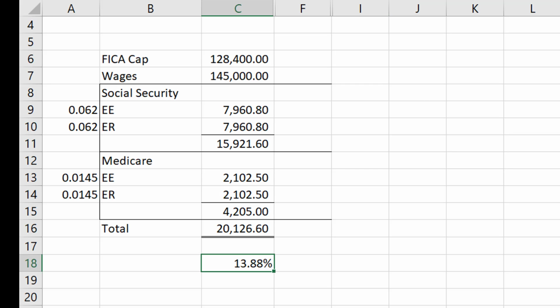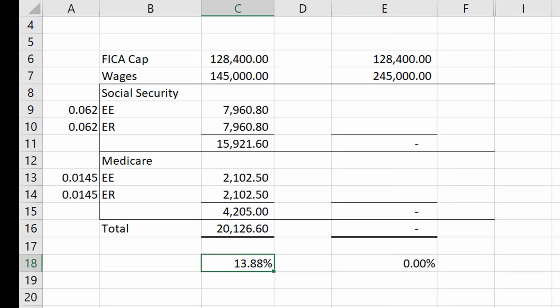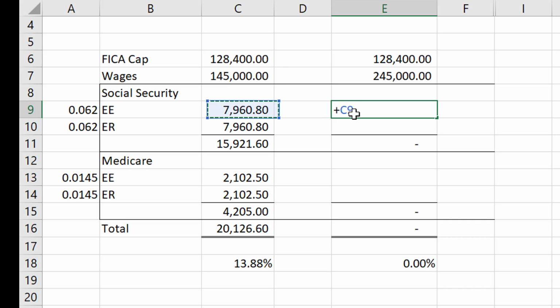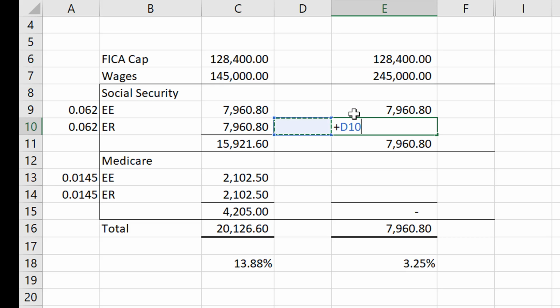Okay, so our next scenario is Sandy's going to make $245,000. So if we're going to figure out her employer's share, well, we would take the 6.2% multiplied by 128.4.